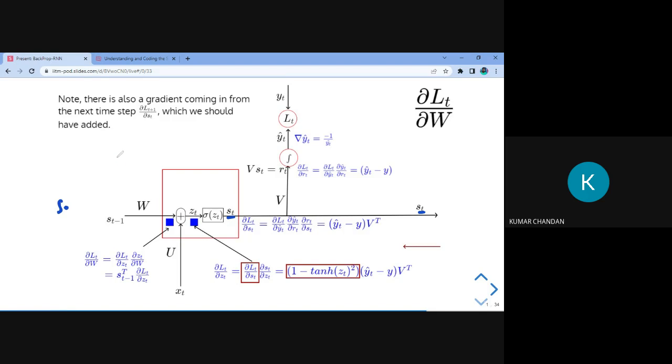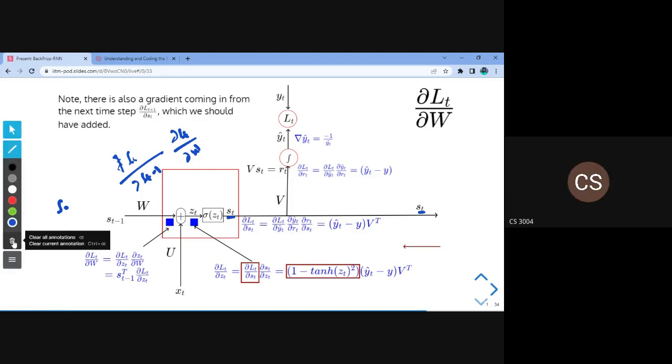So we are computing ∂S_t/∂S_{t-1} on one side, and ∂S_t/∂W on the other. Whenever I say this ∂W, it is not the entire W, it is just the W immediately before, meaning explicitly W.